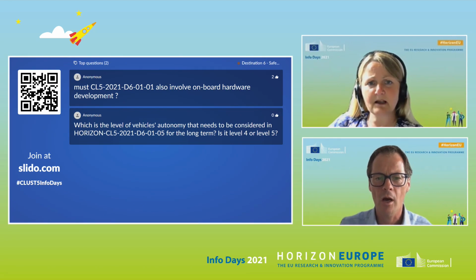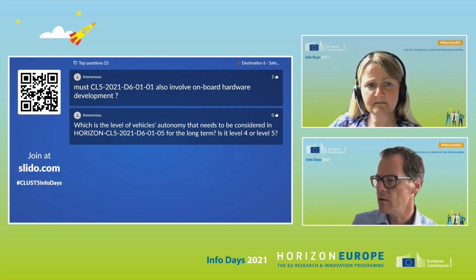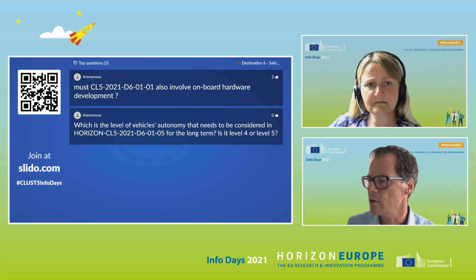So for the hardware, it can be included, but it is not necessary. If it is deemed necessary by the consortium, it can be included. And the other question was on the demonstration, and I think the question there is whether an OEM needs to be involved in the consortium, because the way I read it, the question is, will it require a demonstration, so also an OEM?